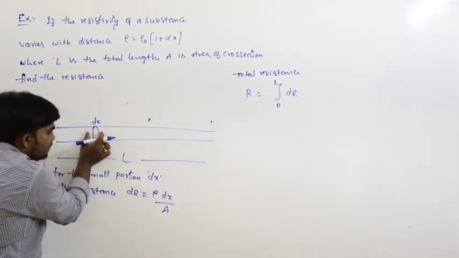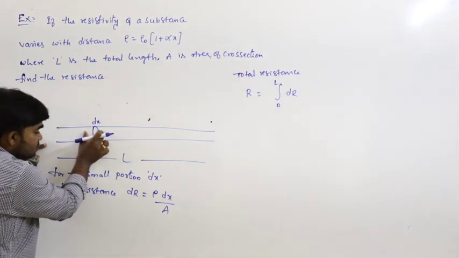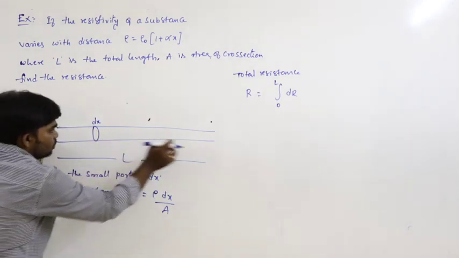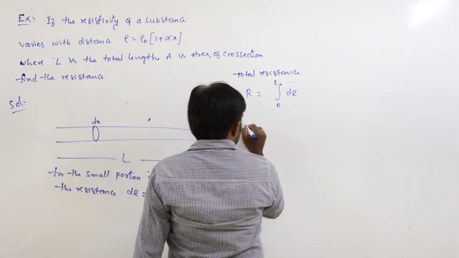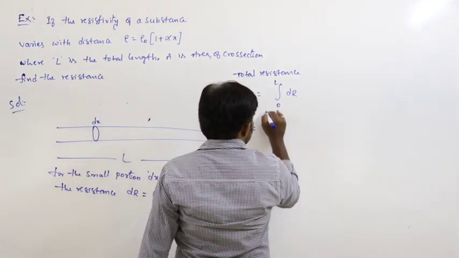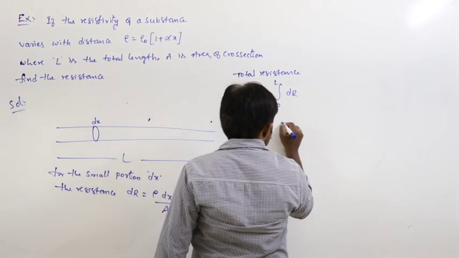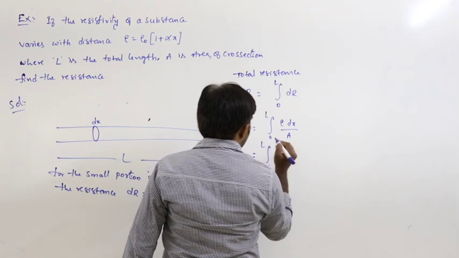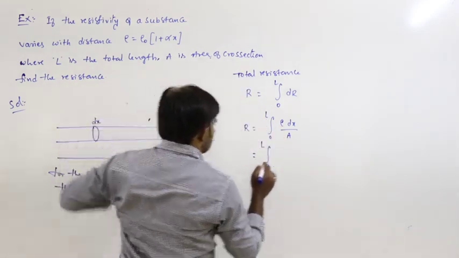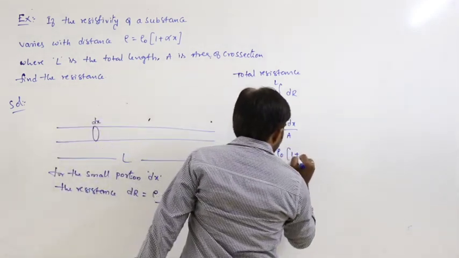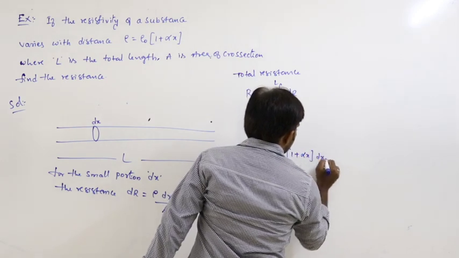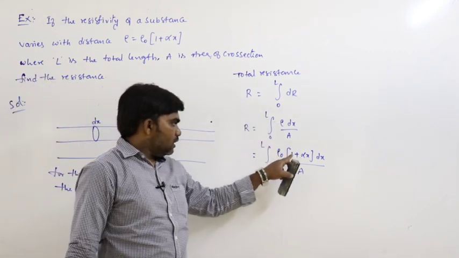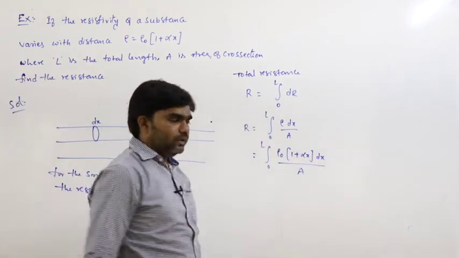How does this x vary from 0 to the total length L? x varies from 0 to L. Therefore R is equal to integral from 0 to L of dR, which is rho dx by A. Rho can be written as rho naught into 1 plus alpha x, dx by A.